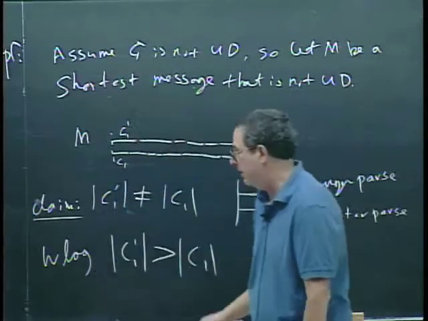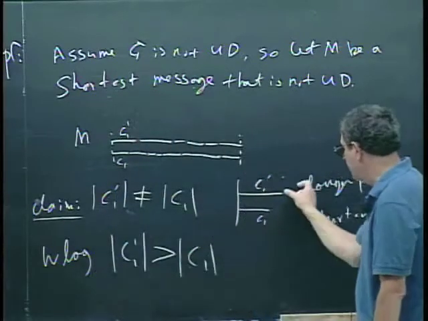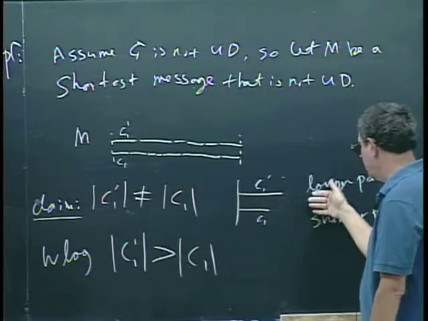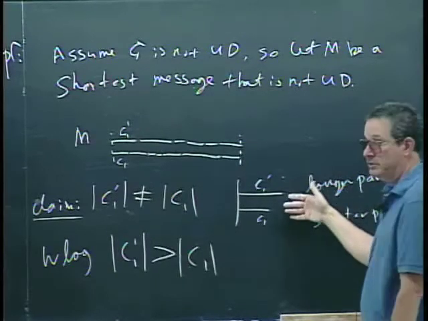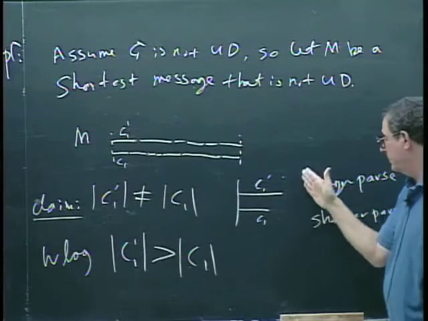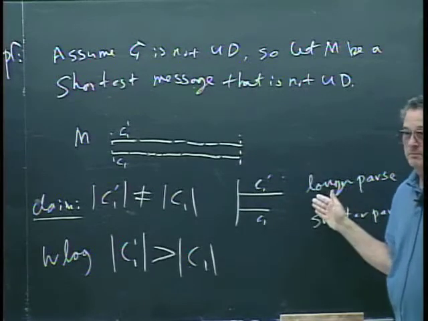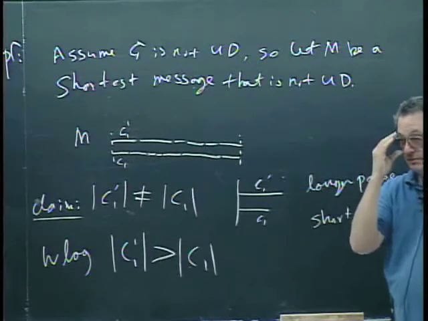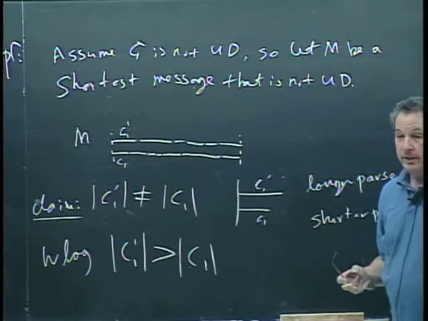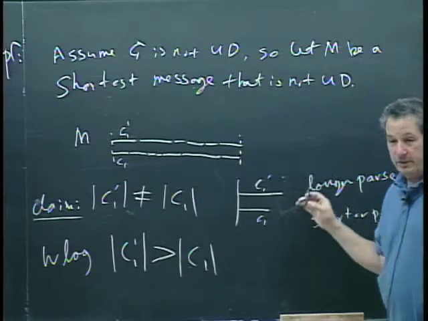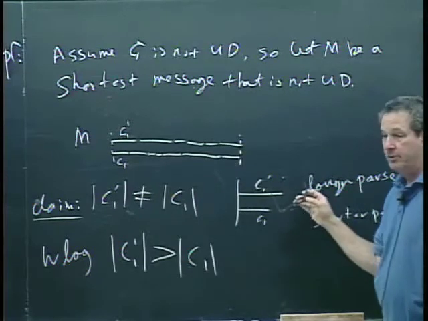Why would we never have, as we add on more and more code words into these two parses, a place where the two parses are the same length until the very end of M? Yeah? It would contradict having the shortest message as uniquely decipherable. Yeah, if we did have a place where they were equal, then we would have spelled out a shorter message.